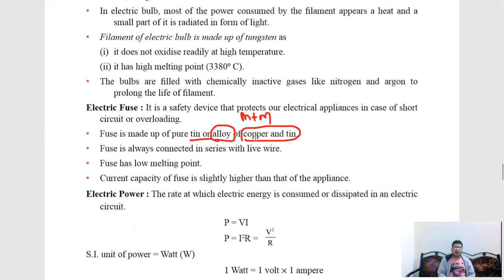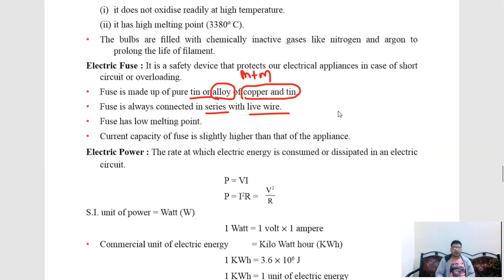Those metals are copper and tin. Fuse is always connected in series with the live wire. You can find live wire in the magnetic effects of electric current. Fuse has a low melting point, because if the voltage is increased, that fuse will melt. That will protect all our devices.